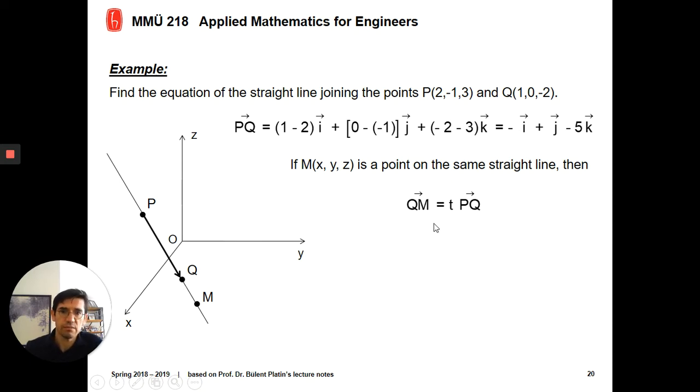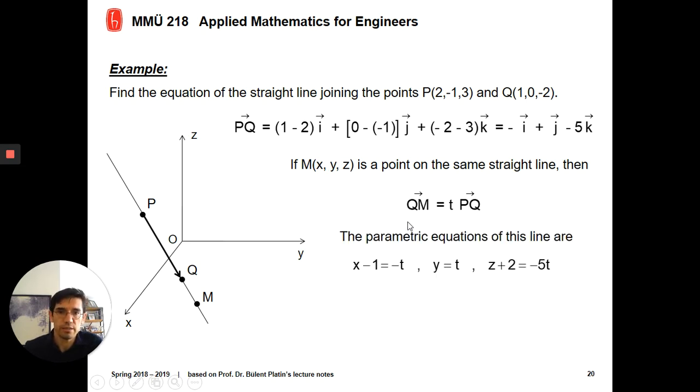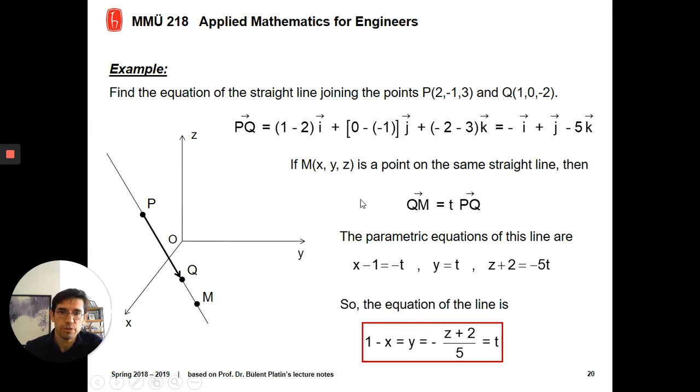In that case, I will reach the same construction that I had before, and now I can take the parametric equations of this line and put it in different forms. For example, what do I do here?